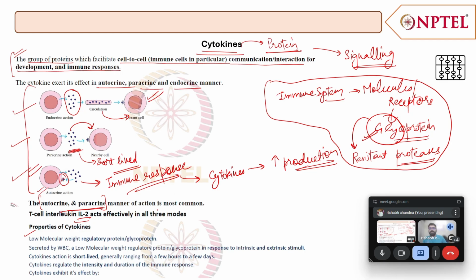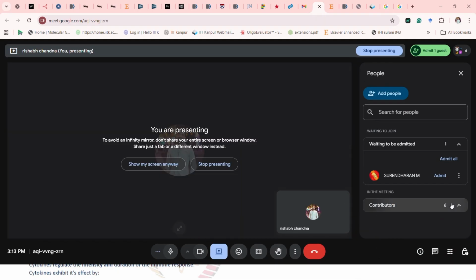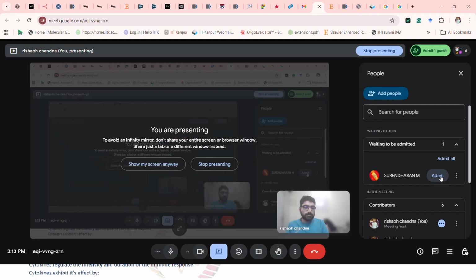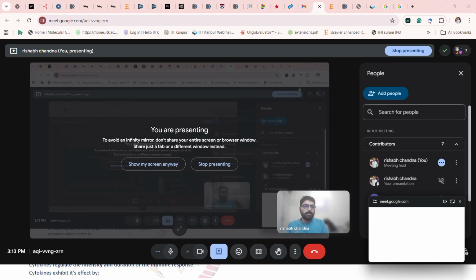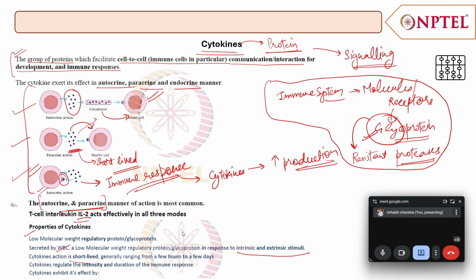These are secreted by WBCs mostly, in response to any intrinsic or extrinsic stimuli. Then these cytokines are short lived. They just function and then they go away. Then the cytokines regulate the intensity and the duration of the immune response.